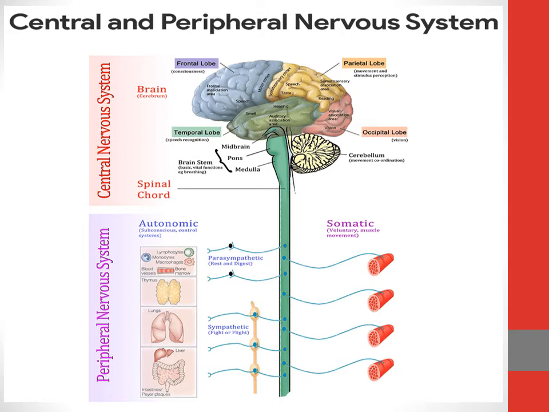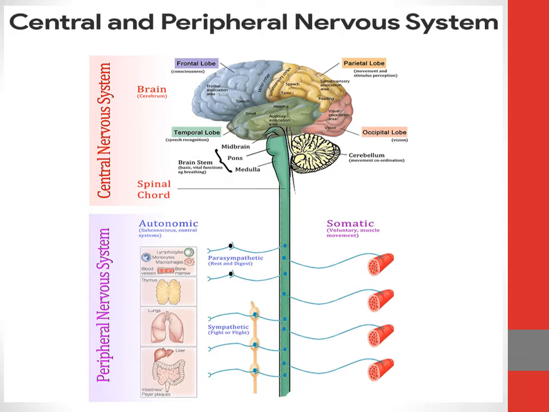So the optic nerves from the eye, through tracts in the brain, make their way to the occipital lobe. The cerebellum is very involved in balance and coordination and motor movement. And lastly, in a general sense, the brainstem is mainly involved in involuntary controls.